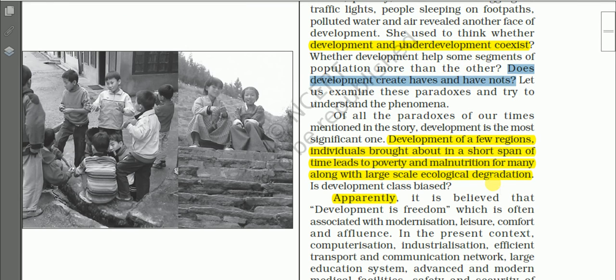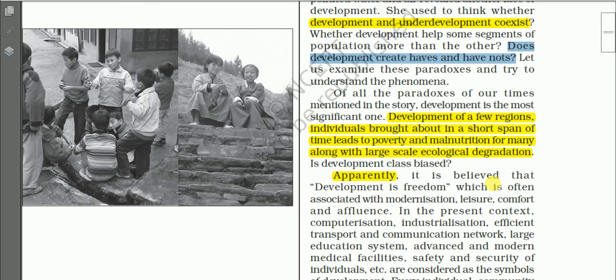Of all the paradoxes of our times mentioned in the story, development is the significant one. Development of a few regions or individuals brought about in a short span of time leads to poverty and malnutrition for many, along with large-scale ecological degradation.